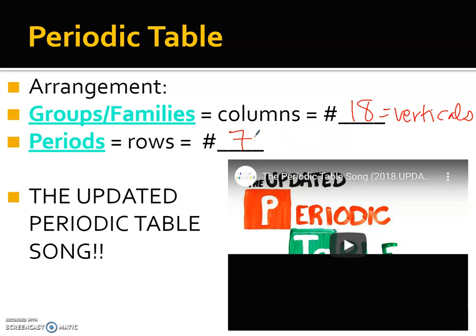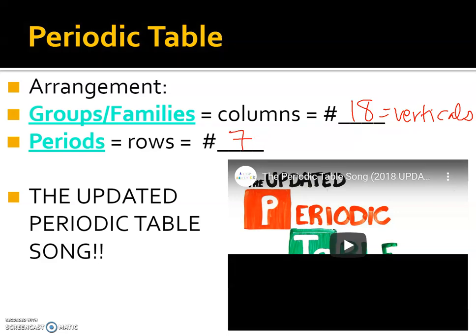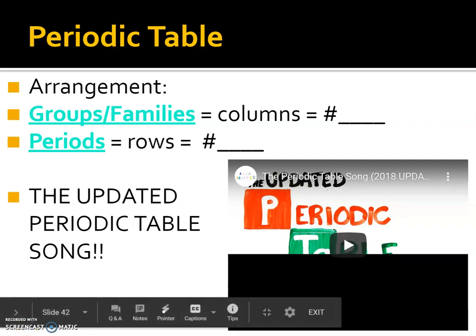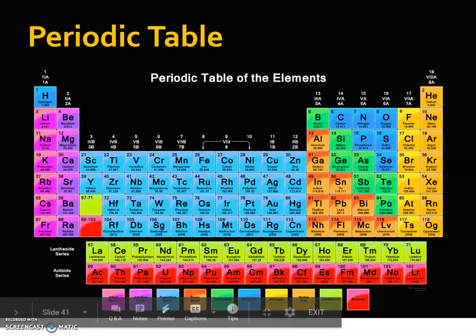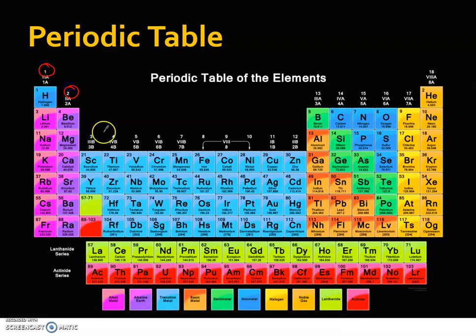Okay, and in class we'll go through and play the updated periodic table song for you. So one of the things that I want to point out is if we take a look at this over here, you'll see that we have our 1, 2, 3, 4, 5, blah, blah, blah, 13, 14, 15, 16, 18 groups. And then our rows, this is row 1, this is row 2, 3, 4, 5, 6, and 7 going across the periodic table.